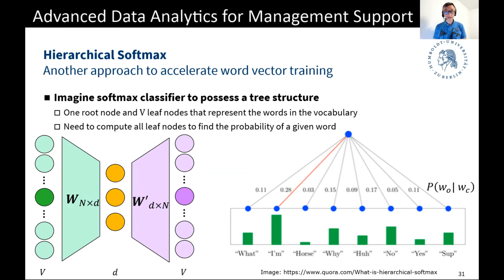Okay, so let us have a look at a second approach to accelerate the training of word2vec and making it feasible, essentially. So in negative sampling, we essentially gave up on the softmax behavior and used the good old sigmoid to solve a bunch of binary classification tasks.